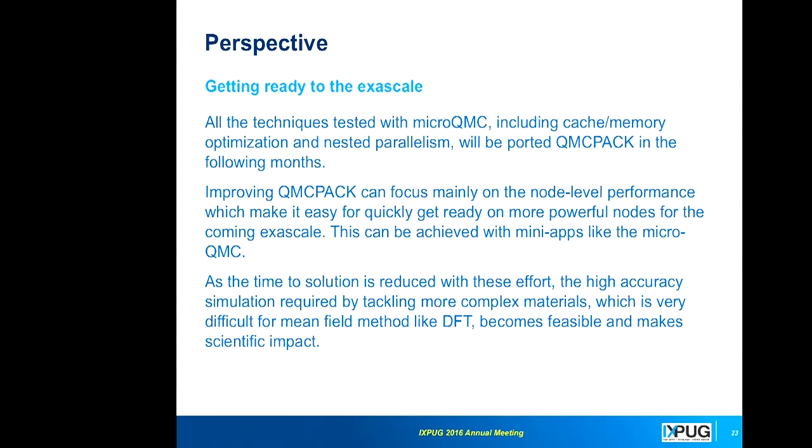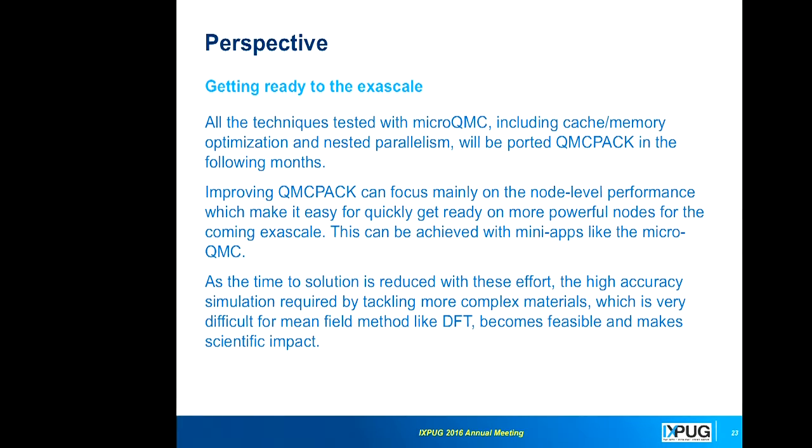So this is what we do on the micro QMC, and currently we have started porting those changes to the main QMC code because we really desire those things, especially the second level threading to improve the time to solution. And with the help of the micro QMC code, we can easily develop and improve the code further for the next generation machines.